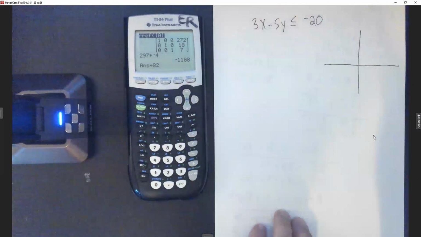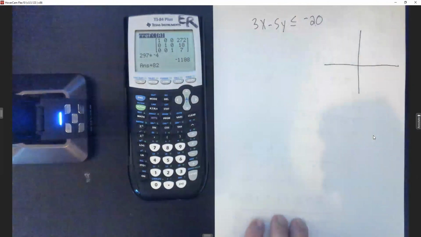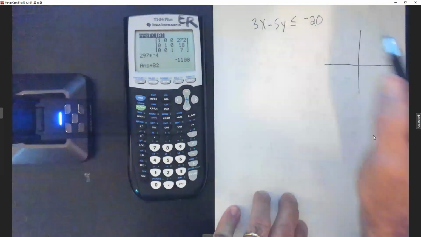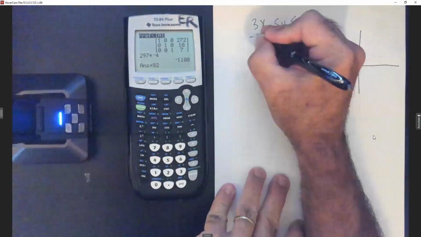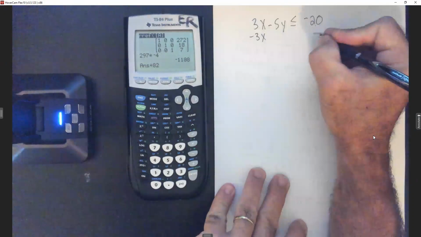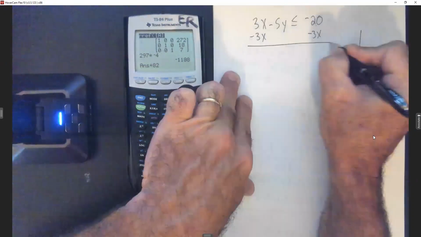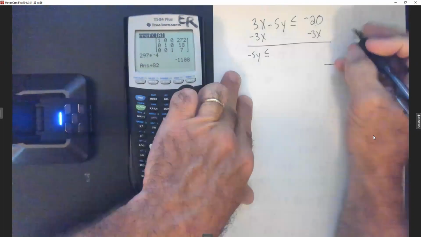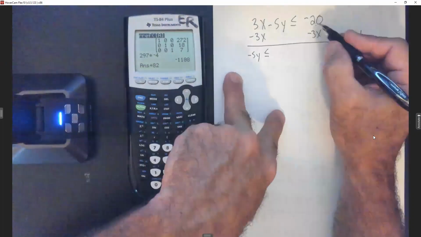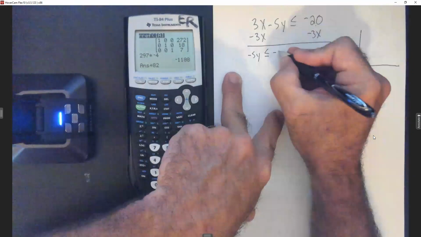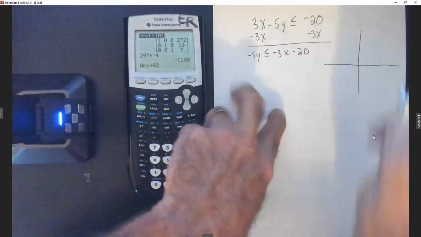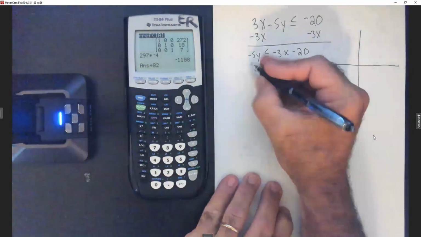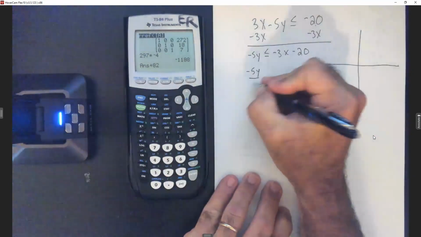So the easiest way to do this is solve it for that y. So to solve that for the y, I would subtract 3x from both sides. So y'all, that brings down to negative 5y is going to be less than or equal. These are not like terms, so I'm just going to put my x first and then my number. Now that needs to be 1y instead of negative 5y. So now we need to divide everybody by negative 5.